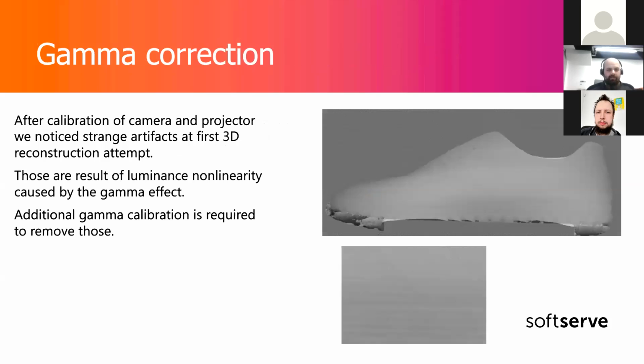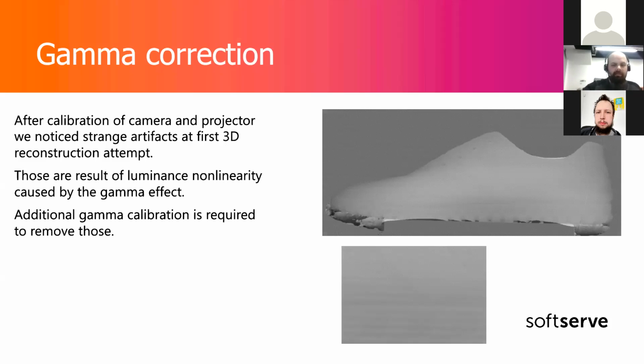Gamma correction. When we tried to make some reconstruction with our board, we noticed strange artifacts. They were caused by the non-linearity in the luminance of the projector. So we needed to make some gamma correction to account for that.